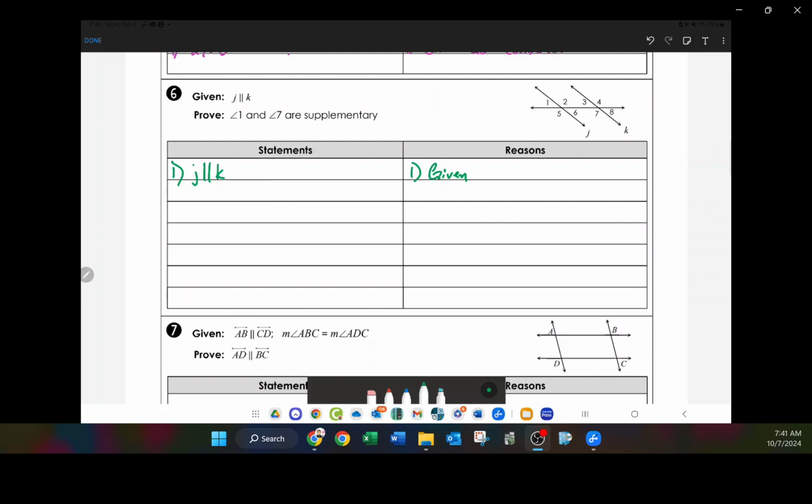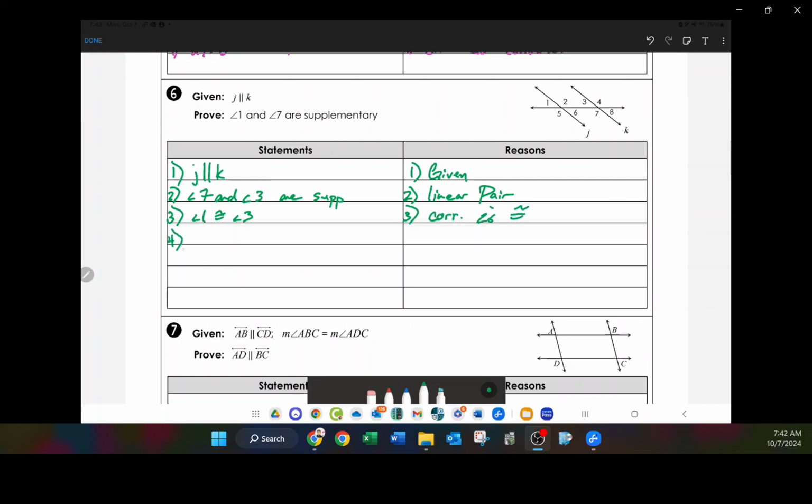All right, let's go with angle 3 here. So, angle 7 and angle 3 are supplementary because they form a linear pair. Next, angle 1 is congruent to angle 3 because they are corresponding.